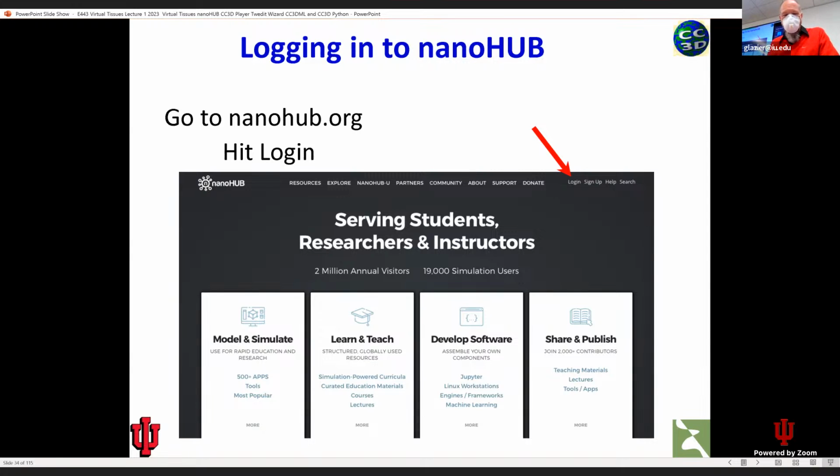So nanoHUB people, online people, could you use a thumbs up if you're using nanoHUB online, please? 1, 2. Okay. Local. Okay. 3 local. Anybody else?